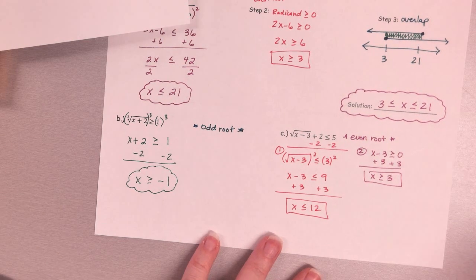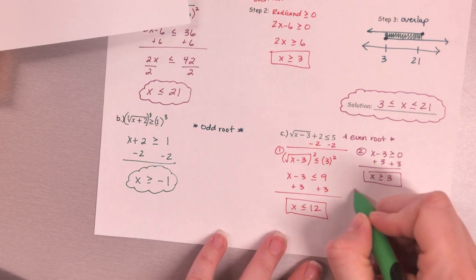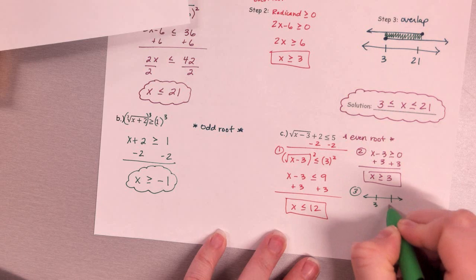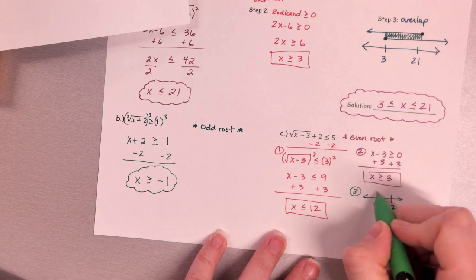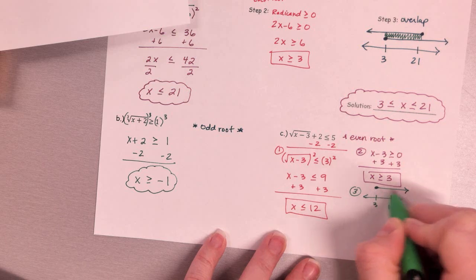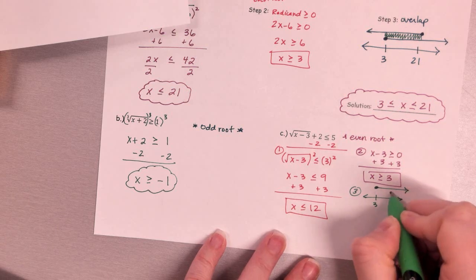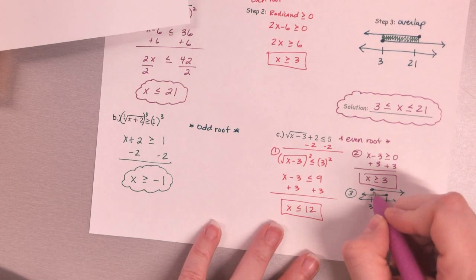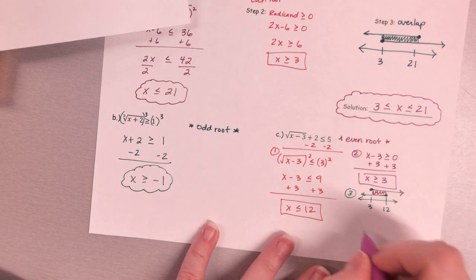Okay, and then we're going to see where our overlap is. So again, when you're doing the number line, you have your numbers in the correct order. Both of these are equal to. So x is greater than or equal to 3. X is less than or equal to 12. Your overlap is right in the middle there.